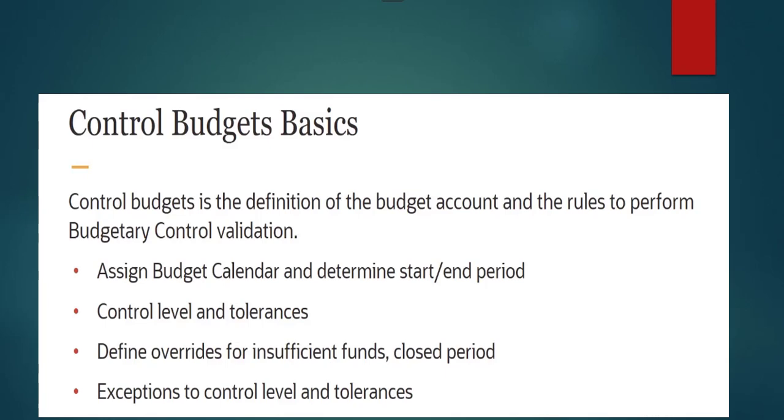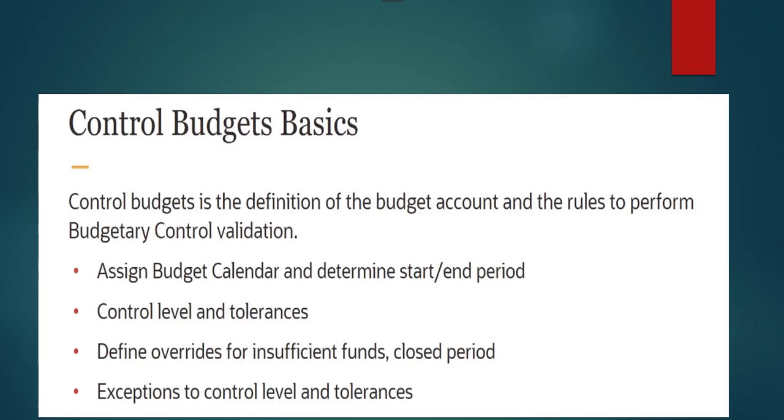So the rules stipulate what chart of account segments, budget periods, and currencies you want to control against, along with a control level. So remember, do you want to stop transaction processing or not? And any exceptions to the control levels, and also tolerances.